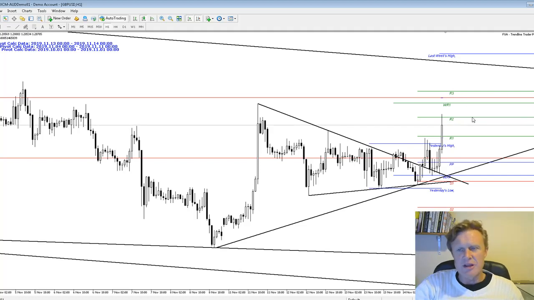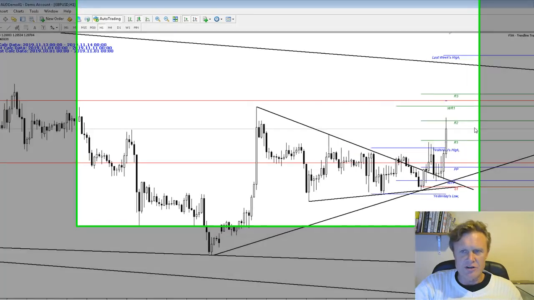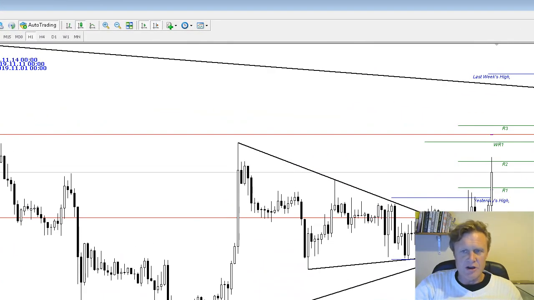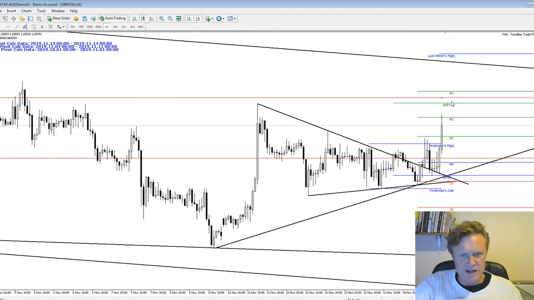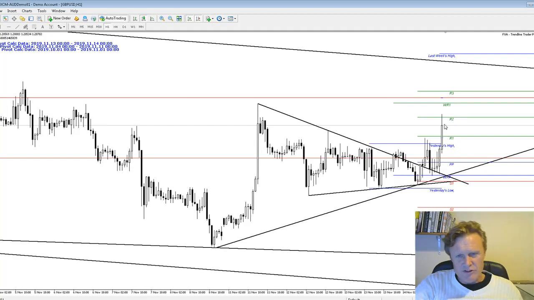Big numbers like 128, 129, 130 all tend to react and offer either support or resistance to price. So there's a confluence of events around this 129 level. If you wanted to go long, your target should be around here, 129.